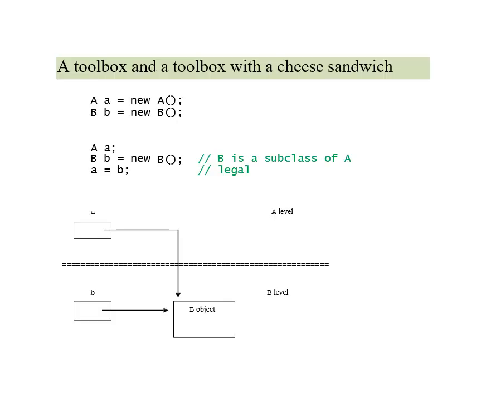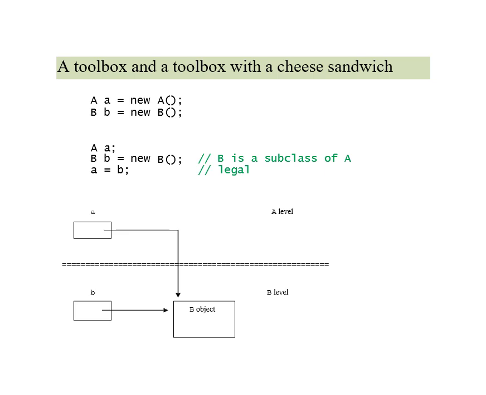All right, so now I'm going to get back to this little analogy about a toolbox and a toolbox with a cheese sandwich. If you look at this code, little a initially is going to be assigned a pointer to an A object, and b will initially point to a B object. Now let's look at the second sequence.